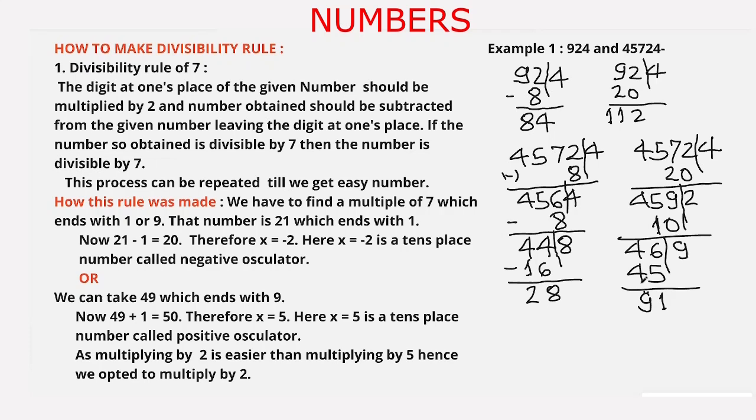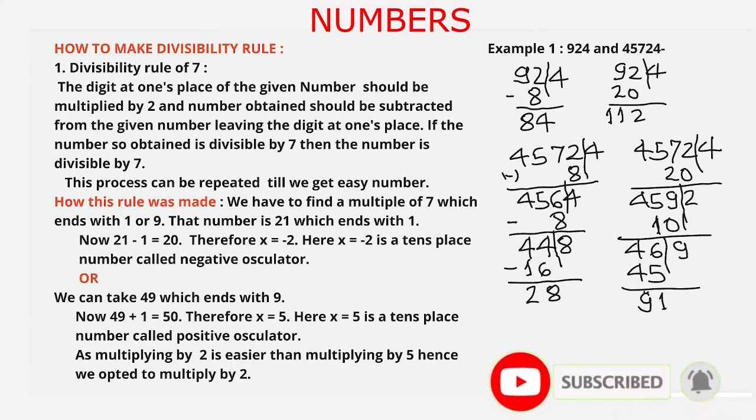Therefore, we took the option of multiplying by 2 and subtracting it from the remaining part of the number. I hope you have understood the entire process of making a divisibility rule of 7.